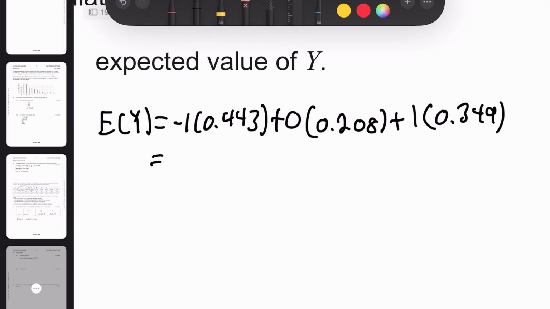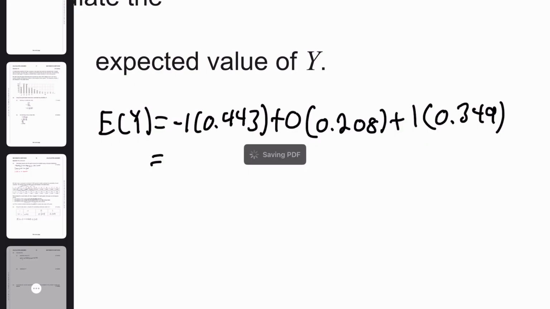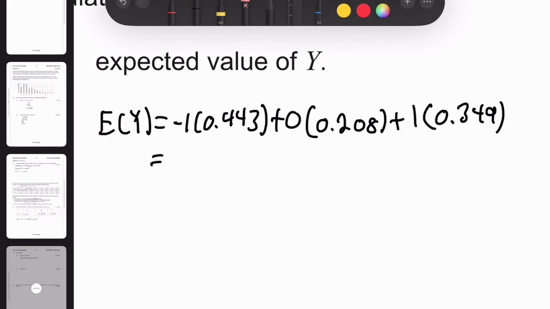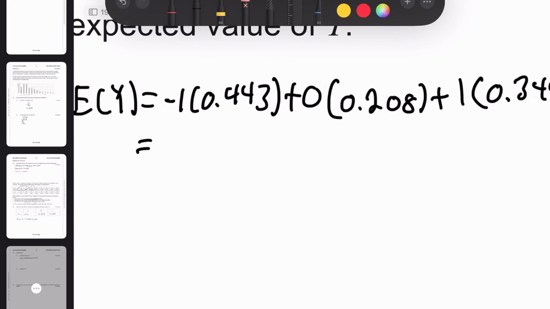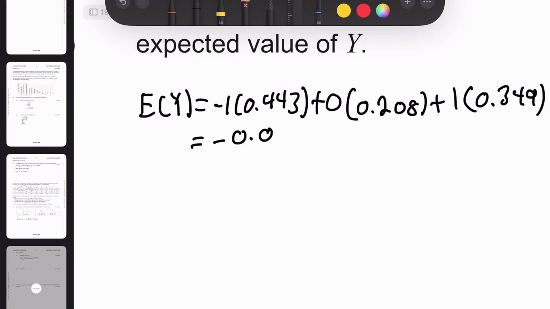So then this will all equal negative 0.443 plus 0.349, expected loss of $0.094.